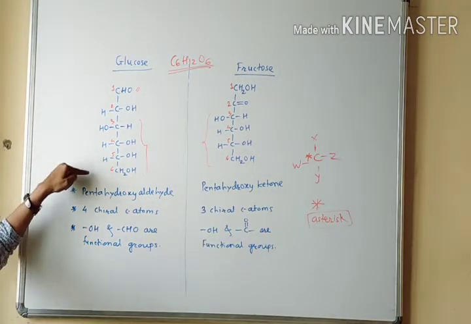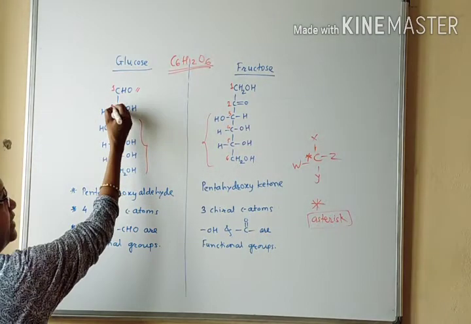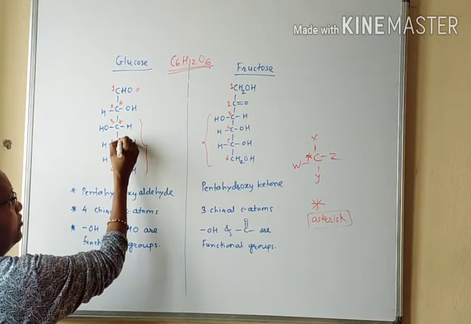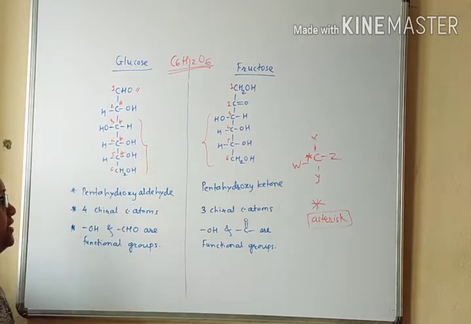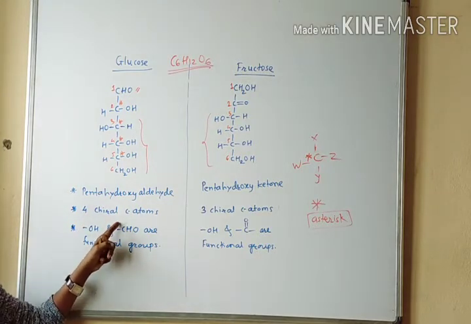In glucose there are 4: carbon number second, third, fourth and fifth. These 4 carbon atoms are chiral carbon atoms, or asymmetric carbon atoms.